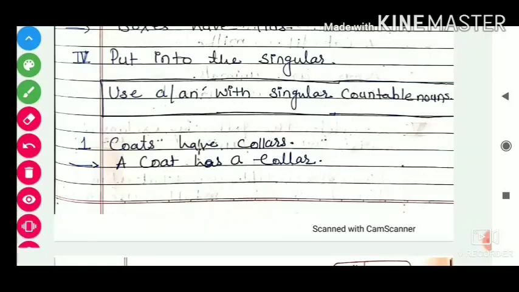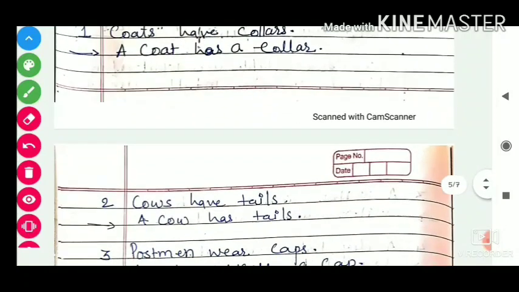Let us see. Number 1, coats have collars. Now coats is a plural noun. Make it singular, a coat. Now use a singular verb, has. A coat has a collar.